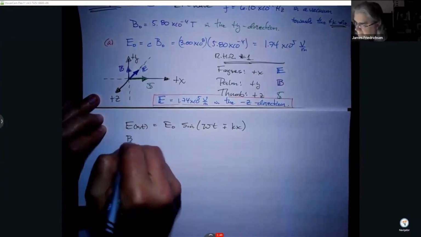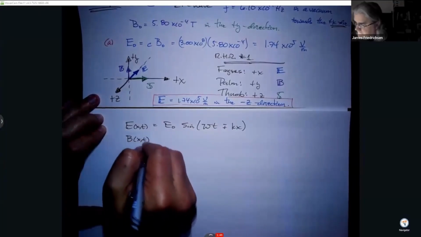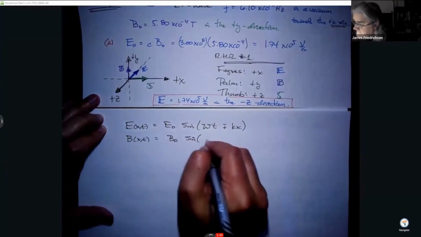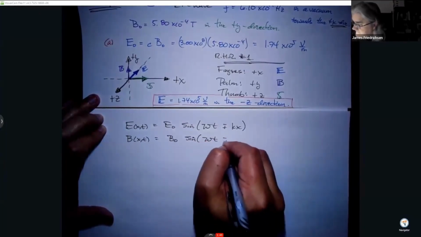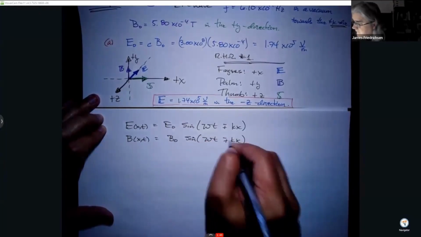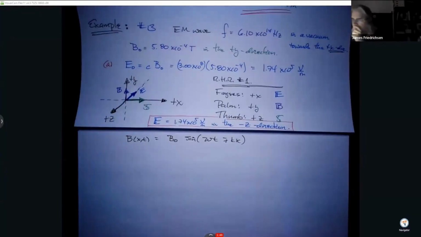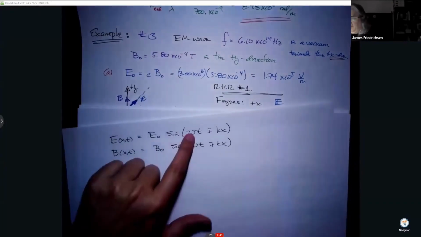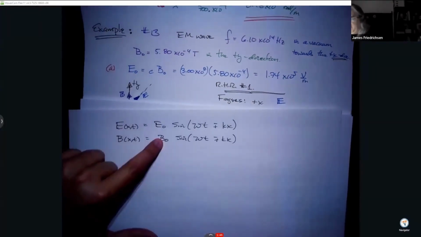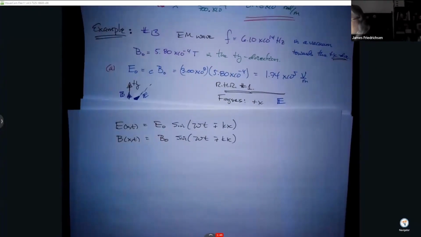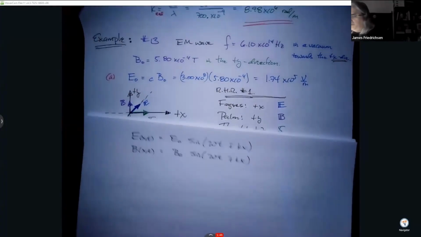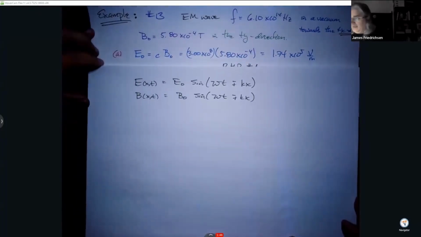And then the B looked the same thing. Okay. And so now we have F, but I want omega. I have B naught and E naught, so we've got those, but I'm going to need Ks and omegas. Okay, so let's work to get those, and then we can write down our equations.